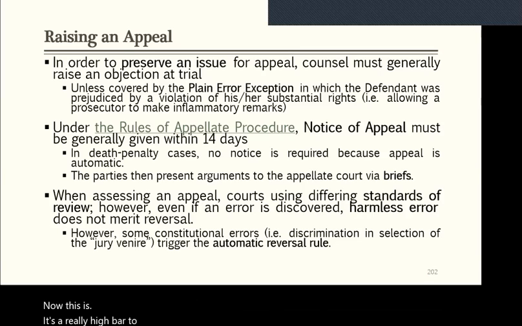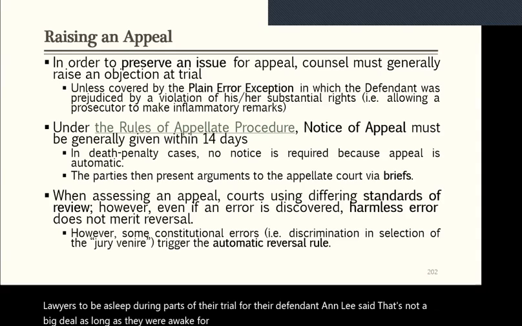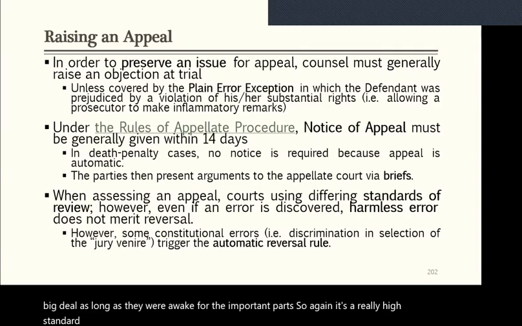To say something is plain error, especially when we've allowed lawyers to be asleep during parts of their trial for their defendant, and we've said it's not a big deal as long as they were awake for the important parts. So again, it's a really high standard to meet, and it almost never happens.